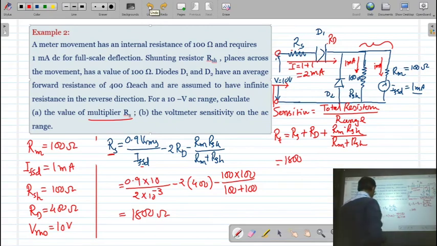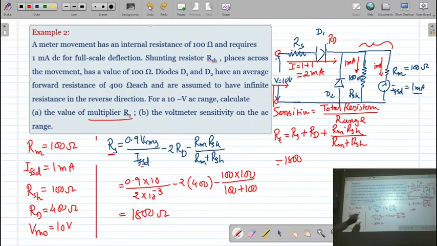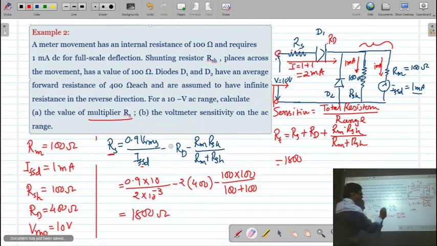Sorry, in this formula also, remember, I made a mistake: here we are using a half wave rectifier. So this will not be 2 RD, but simply RD. Make a correction.